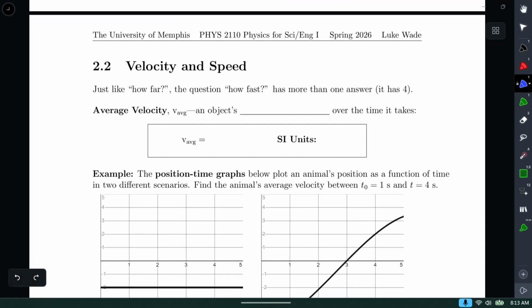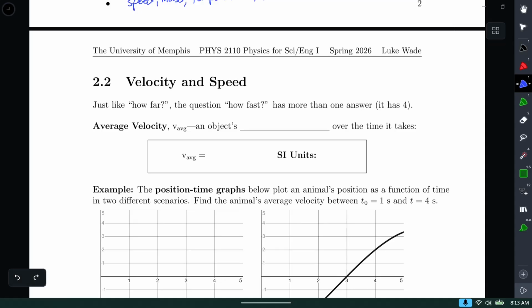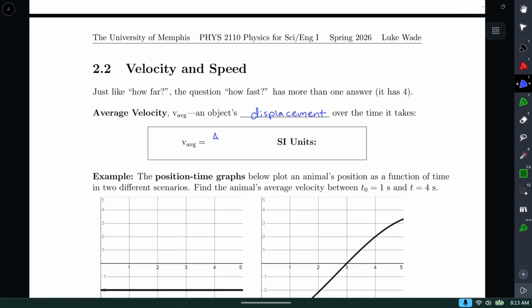So, average velocity is just trying to get a sense of overall, how fast are you moving? How quickly are you getting from A to B? So it is displacement divided by time. So we find that displacement between 2 points, divide by the time it took for us to get between those 2 points. And as always, a change or a displacement is final minus initial position.